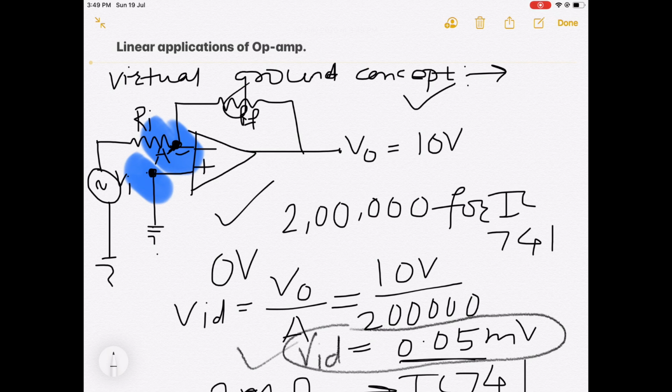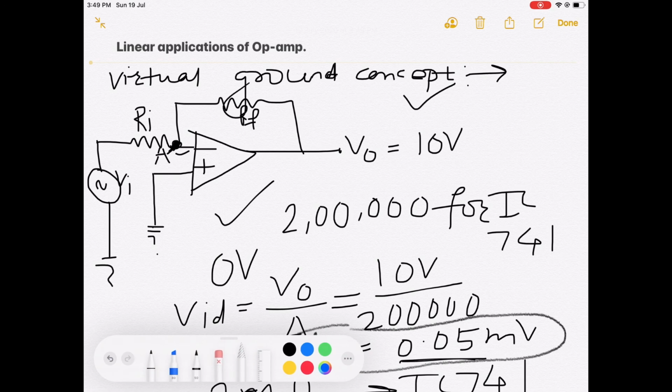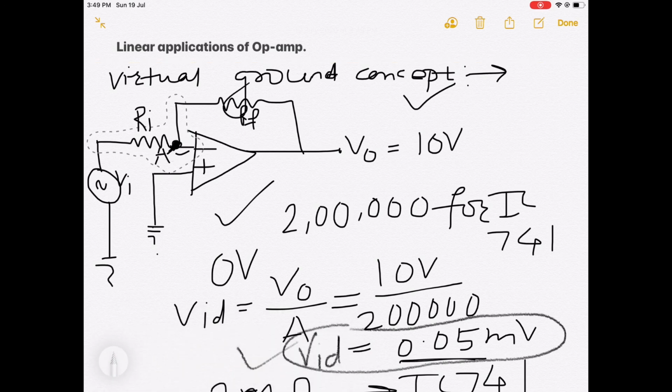Okay. So, this terminal is the inverting terminal and this terminal is the non-inverting terminal. As the non-inverting terminal is at ground potential, your inverting terminal is also at ground potential, though they are not physically connected, but their potential is approximately 0.